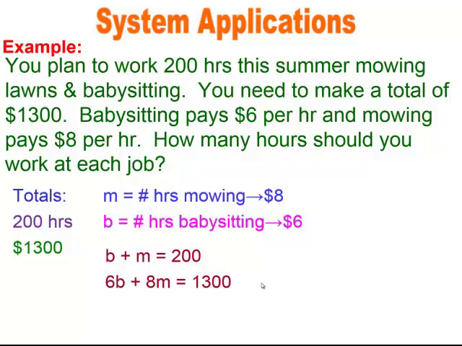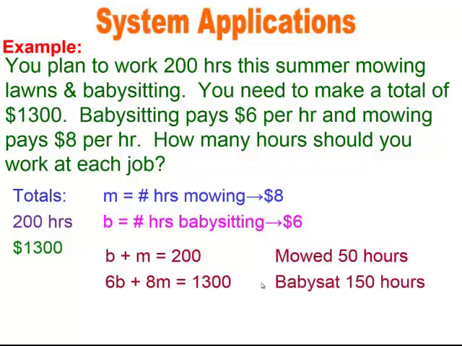And now we can solve. You can solve by substitution method, you can solve by elimination, whatever method you choose. In this case, when I solved, I ended up getting mowing lawns was 50 hours and babysitting was 150 hours. So whatever method you chose to solve, you should end up with these two solutions.